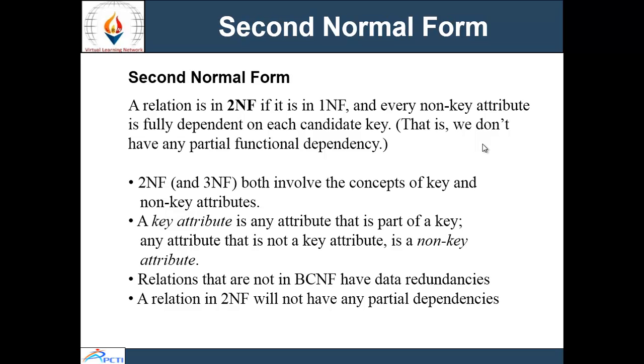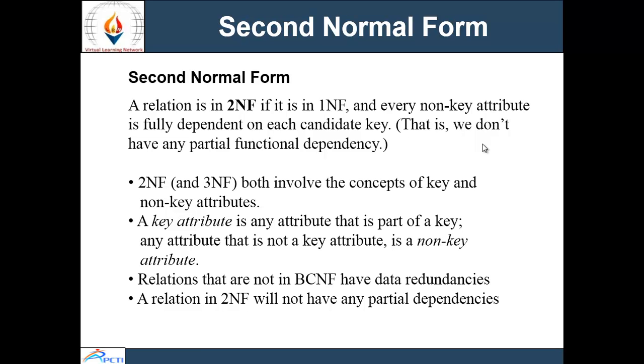For a table that has a concatenated primary key, each column in the table that is not a part of that primary key must depend on the entire concatenated key for its existence. And if any column depends only on one part of the concatenated key, then the table fails second normal form.